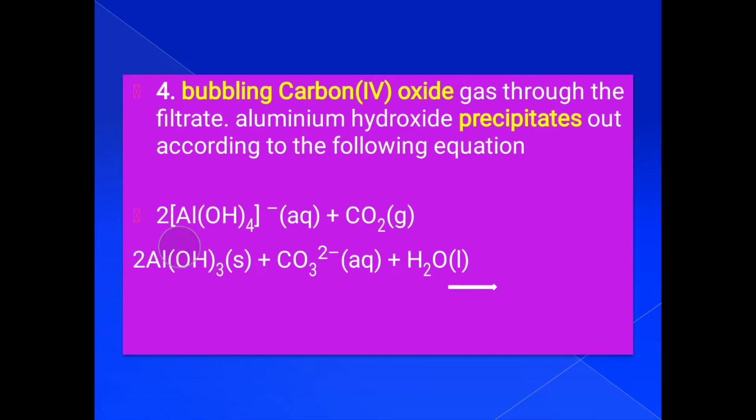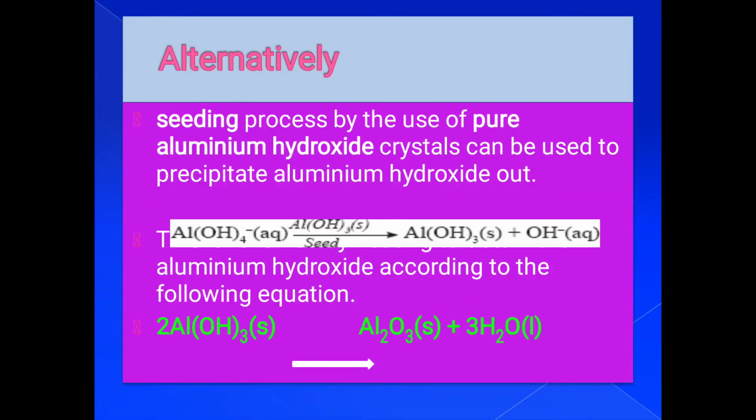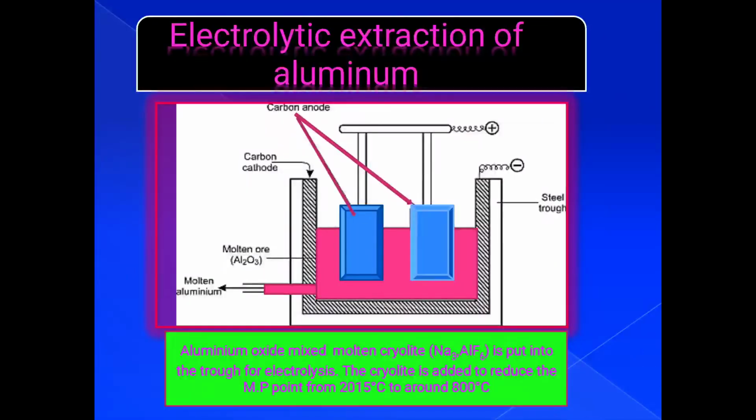And now from the aluminium hydroxide, we need to look at the next step. And what is that next step? That is what we call the electrolytic extraction of aluminium.